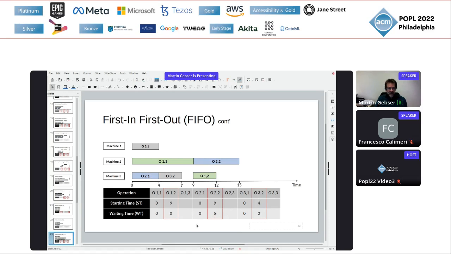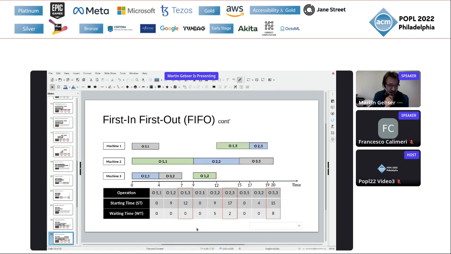How long does the operation wait idle to be scheduled? Because idle means there is some gap in the schedule, and probably that's not good for minimizing the makespan. So one should critically look at this, and this is a feature we get also as a side product of the greedy algorithm. Here's again a gap of 2. We have it here, and we see a starting time and the waiting time.